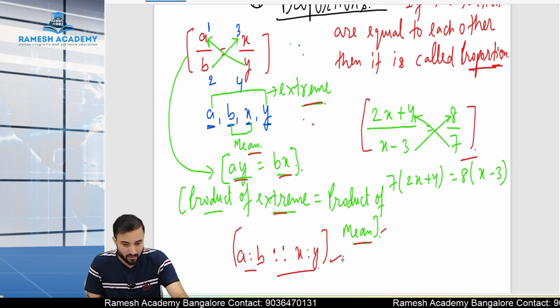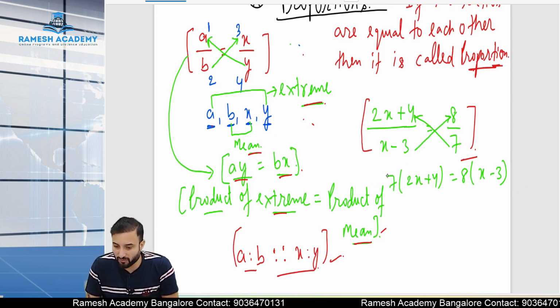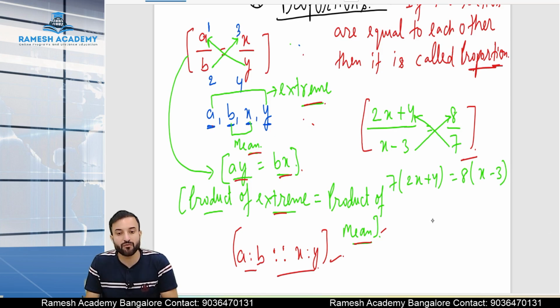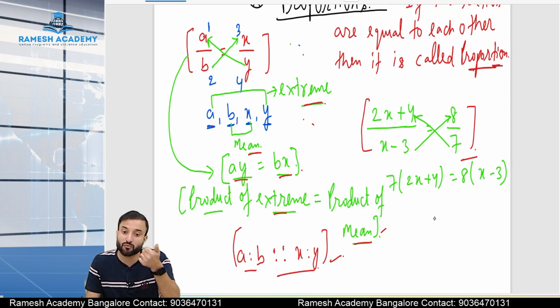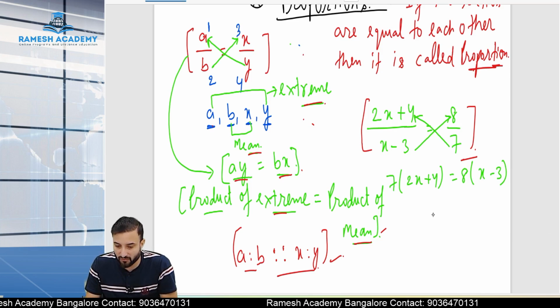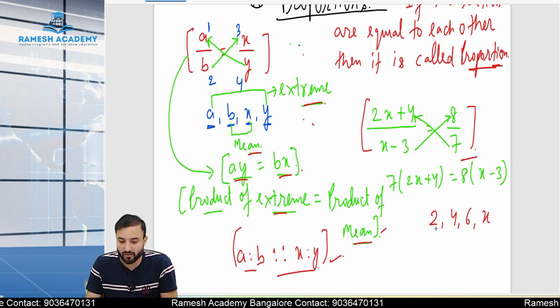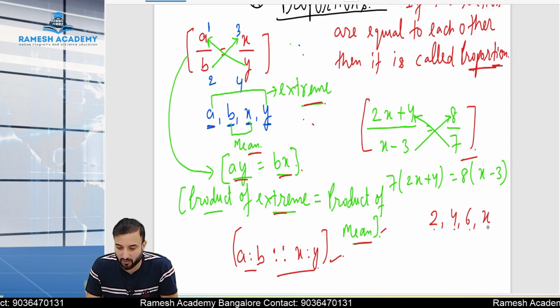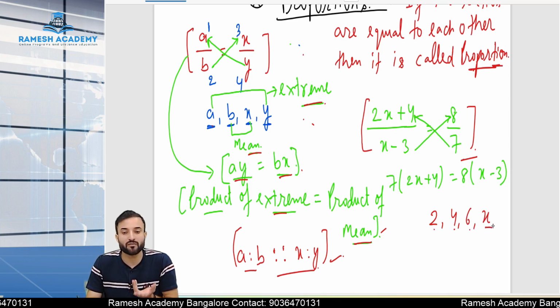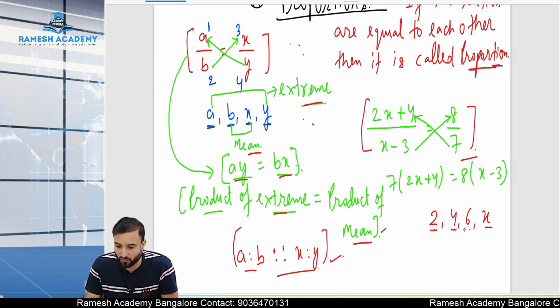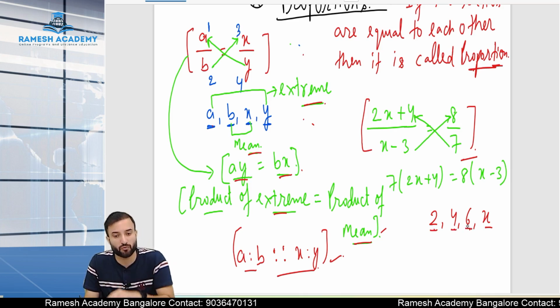Fine. In the examination, they will give you three quantities and you have to find the fourth quantity. Suppose they give the quantities 2, 4, 6 and X, meaning first, second, third and fourth quantity. Or sometimes they will give 2, 4, 6 and ask you to find the fourth quantity.